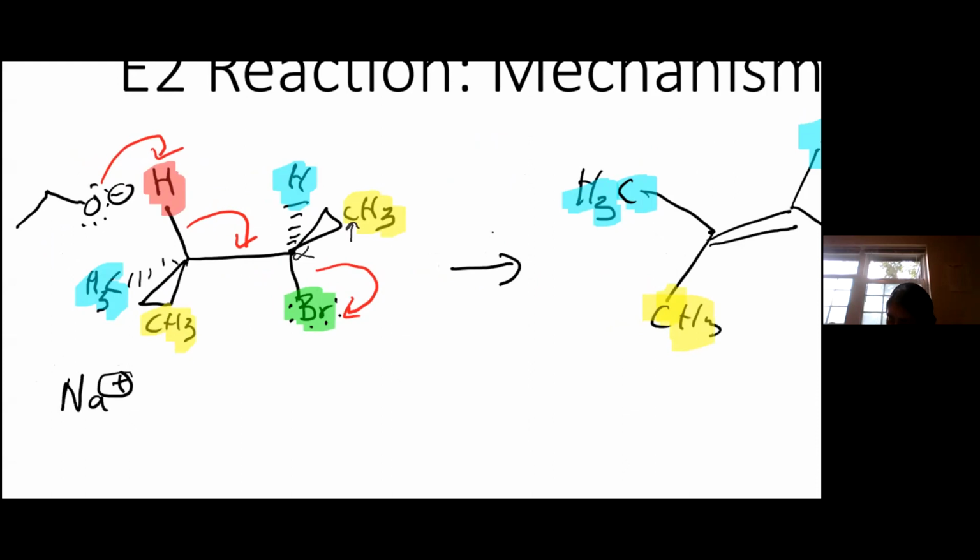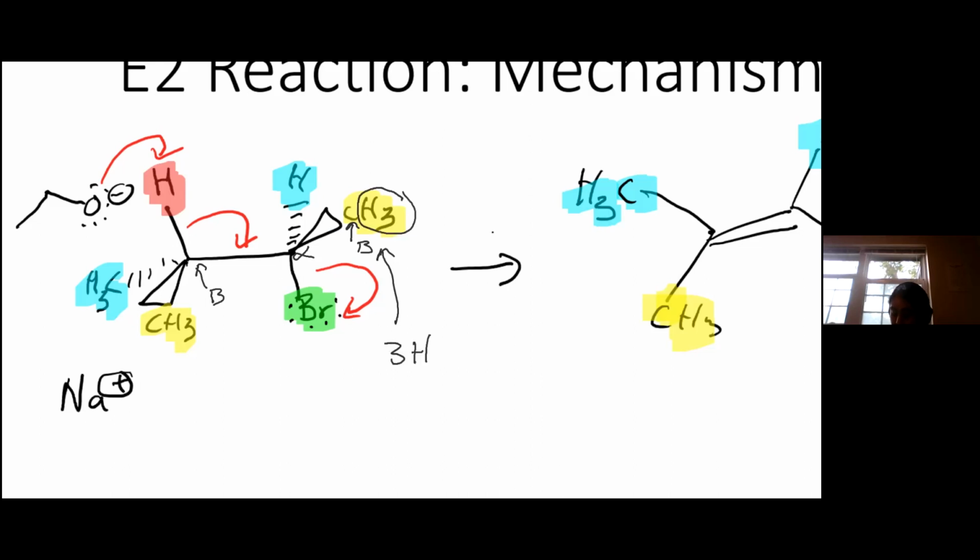So this carbon right here is a beta carbon. This carbon right here is a beta carbon right there. Again, because it's directly next to it. And then we're going to look at the hydrogens that are attached directly to that beta carbon. So our beta carbon is that one right there. And you can see right here, it's attached to 3 hydrogens.